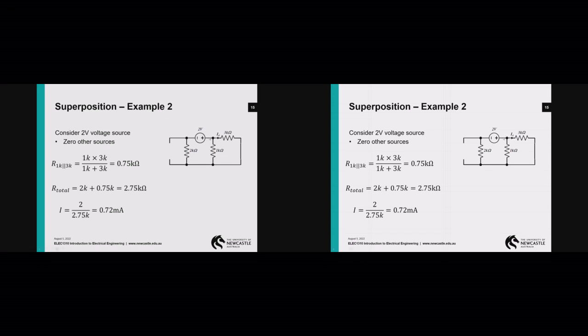So the 0.72 milliamps flows through the 2 volt source. It flows through the 2 kilo ohm resistor because it's in series with the 2 volt source. But it will divide when it gets to the 1 and the 3 kilo ohm resistors because they're parallel paths.